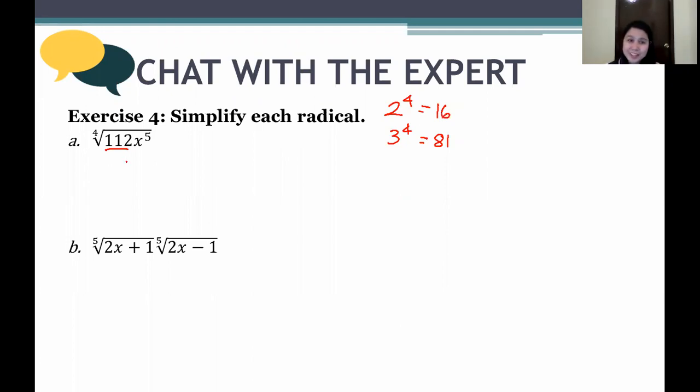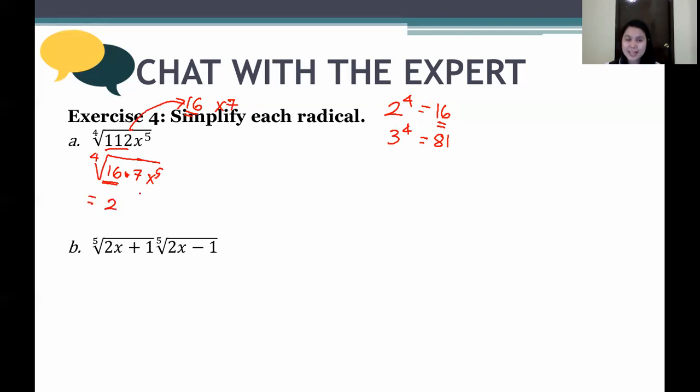We can write 112 as 16 times 7. And 16 is a perfect fourth power. So we can write this as 16 times 7 times x to the power of 5. Now, what's the fourth root of 16? The fourth root of 16 is 2.